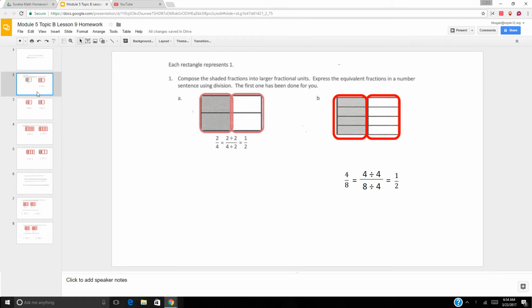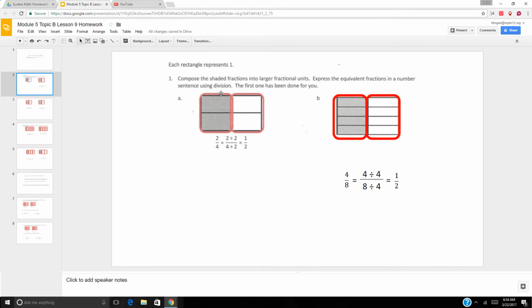They gave you an example first, and as we know, each rectangle represents one. So we're going to compose the shaded fractions into larger fractional units and express it using division. For instance, this technically is 1, 2, 3, 4. 2 are shaded in, so that's 2/4.